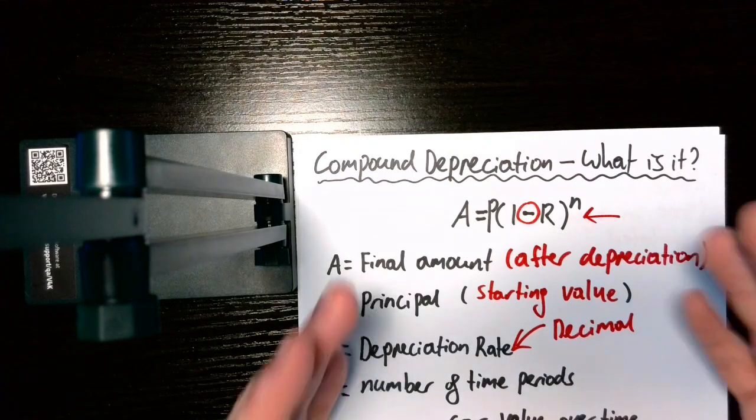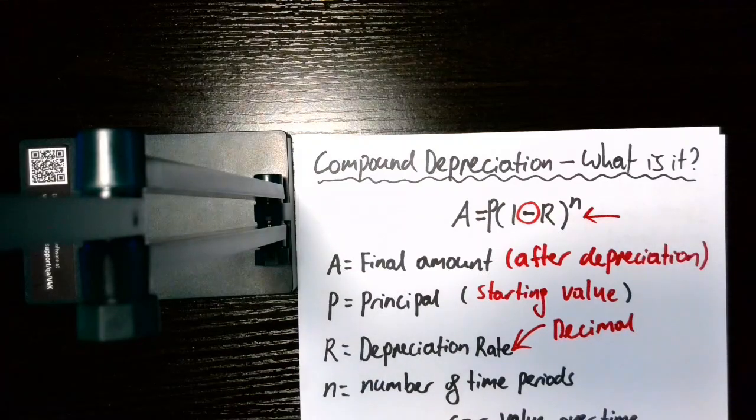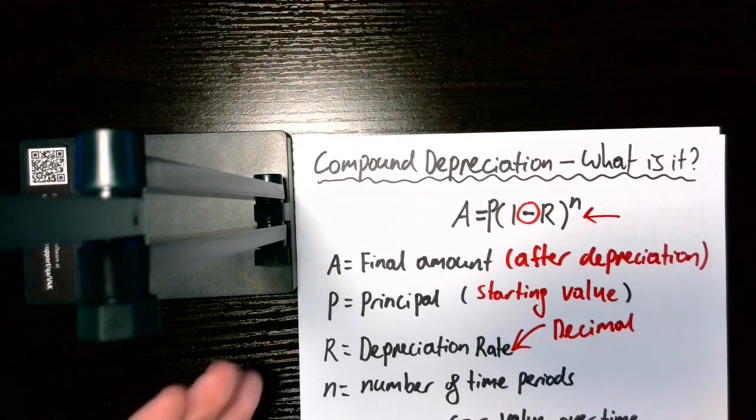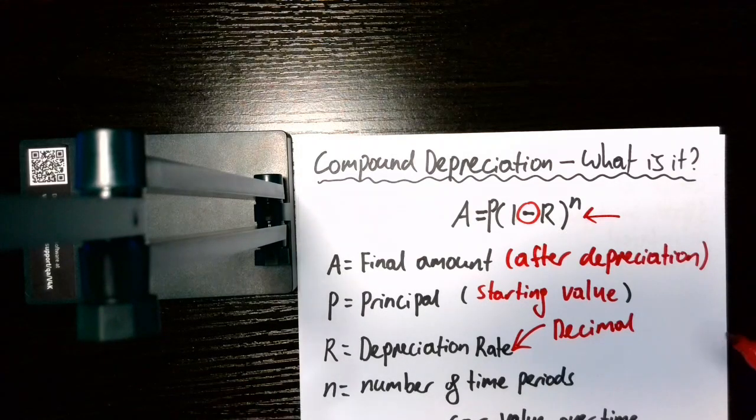But that doesn't always happen. Sometimes we might buy something and it actually starts to go down in value. The best example that I can think of is cars. If you buy a car today, in 10 years, it will not be worth the same amount. It'll be worth less. So we say that car has depreciated in value, which means it's gone down.